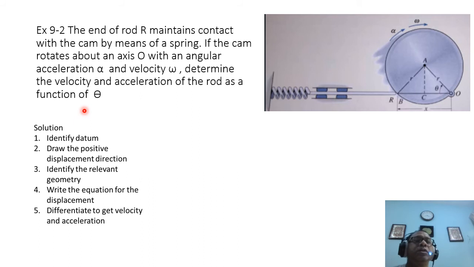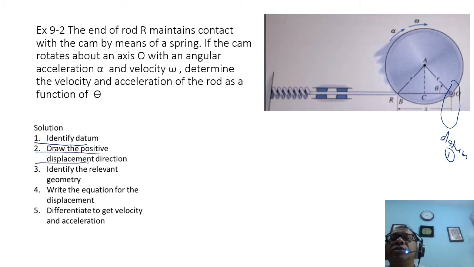So solution, we identify the datum. You can see from the diagram they already have identified this as the datum. So we've got number 1 already, and then we draw the positive displacement direction.